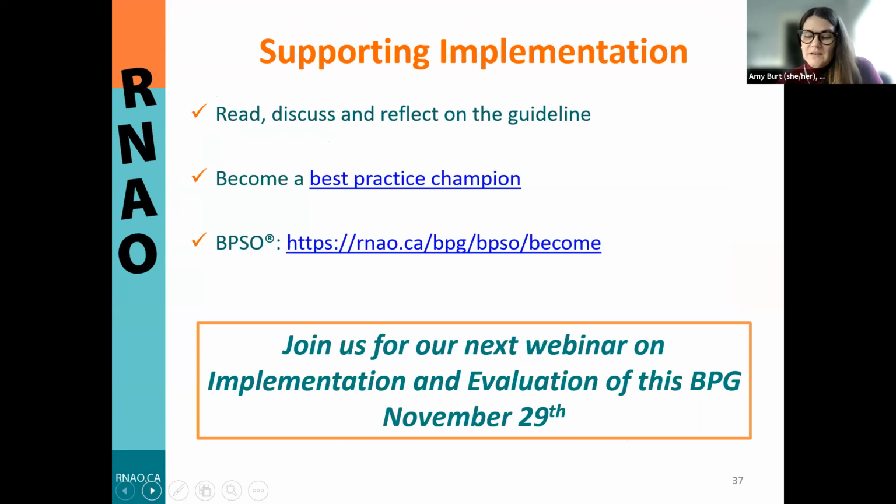To further support implementation of this guideline, first and foremost, we encourage you to download and read the guideline and perhaps discuss it with some of your colleagues. You can also take a more structured approach by conducting a gap analysis as an interprofessional group. The gap analysis will allow you to compare current practice to evidence-based practices in the guideline. You can also become a best practice champion by joining one of our free Best Practice Champions virtual workshops that highlight why evidence-based practice is important and how you can champion best practice in your organization.